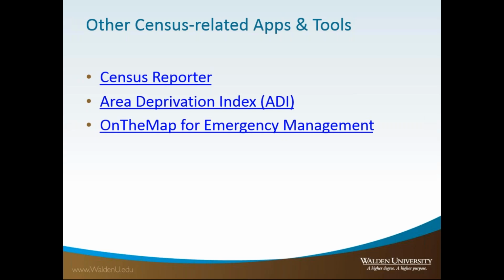It allows for rankings of neighborhoods by socioeconomic status in a region of interest, so it's mainly for public health uses. And then there's also something called On the Map for emergency management, a data tool that gives a web-based interface for accessing US population and workforce statistics for areas being affected by natural disasters.